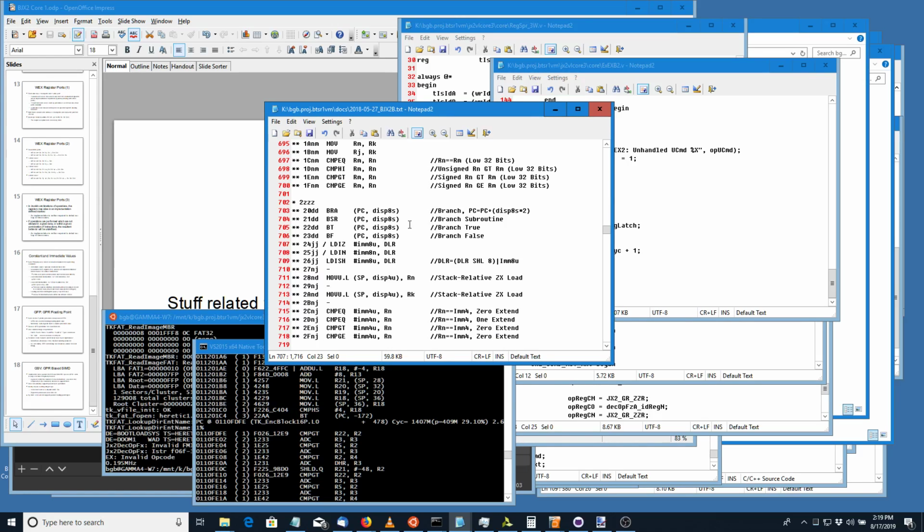Either way, experimentally, the 12-bit branches didn't really save that much in terms of total code size, so I didn't bother with them.